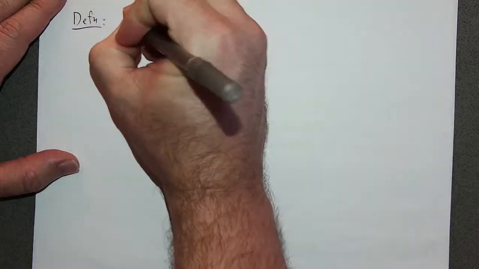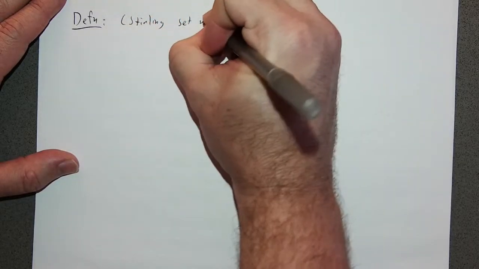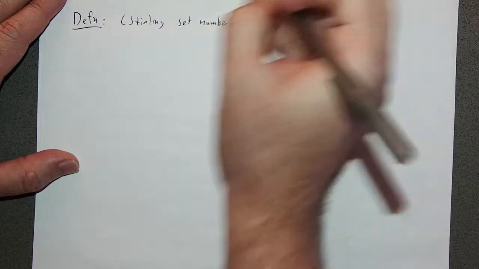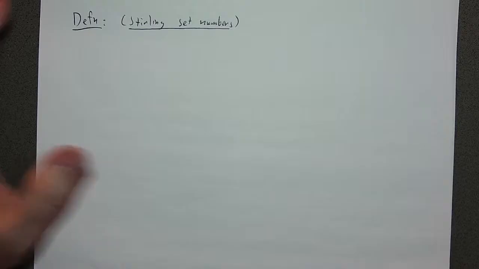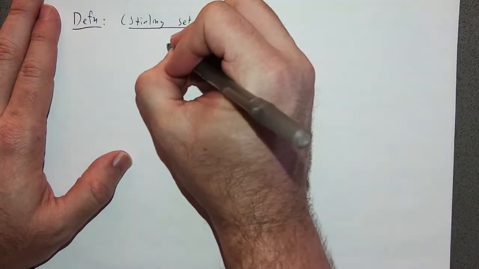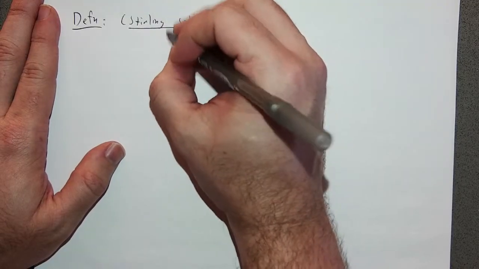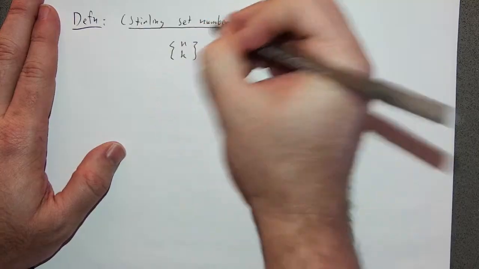And so this leads us to another class of numbers: Stirling set numbers. What are the Stirling set numbers? We use squiggle brackets to denote these.